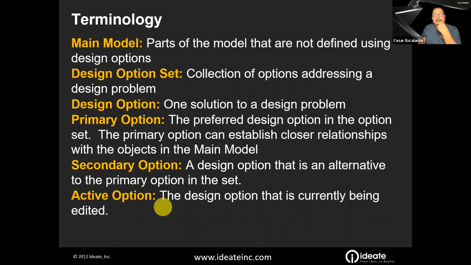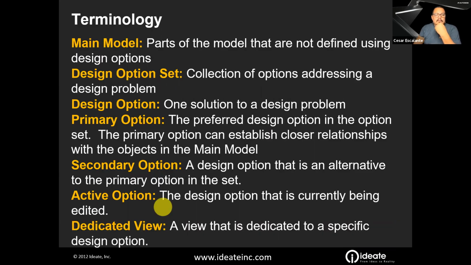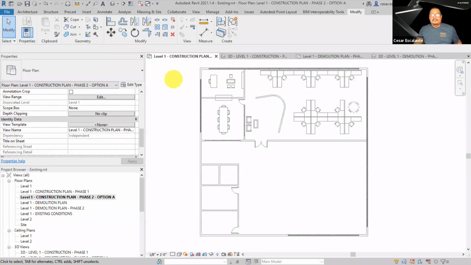So I'm going to show you shortly what I mean by that. And then every option should have a dedicated view. So views are dedicated to specific design options, and that's why we created a dedicated construction plan for option A. All right, any question here?